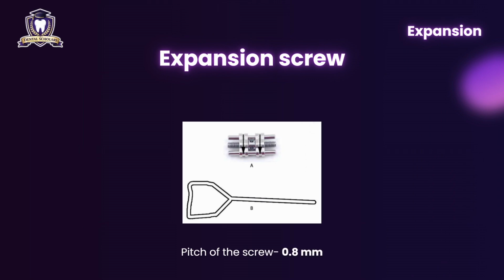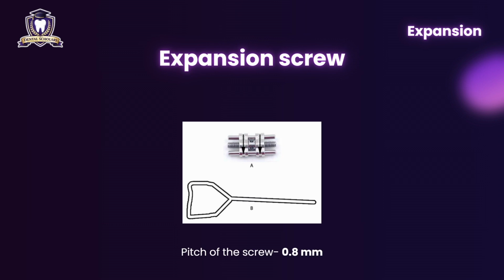So far, in all the expansion appliances we saw, one common thing was the expansion screw. So this is the expansion screw, which on activating with this activation key will produce expansion. Now coming to the pitch of the expansion screw, pitch is nothing but the distance the screw is going to open on 360-degree rotation, that is with 4 quarter turns.